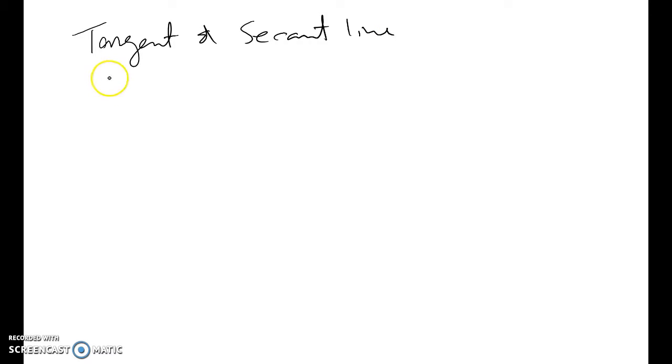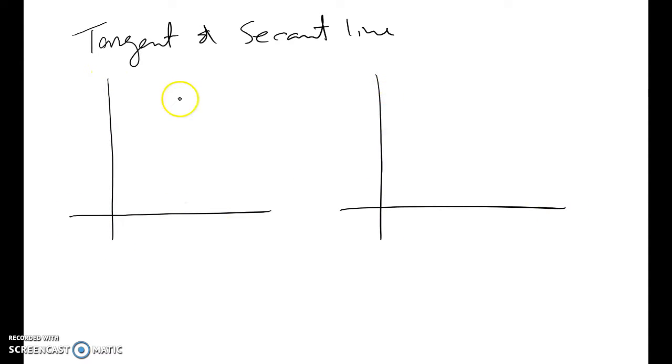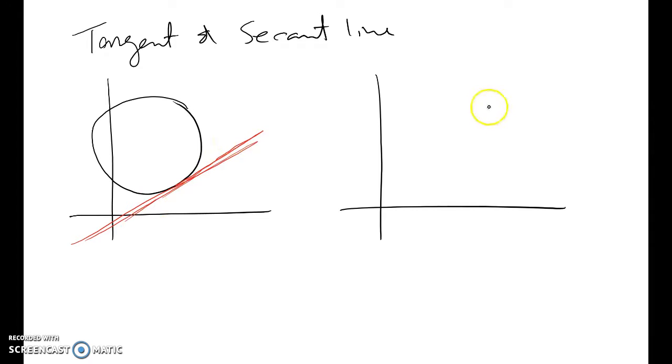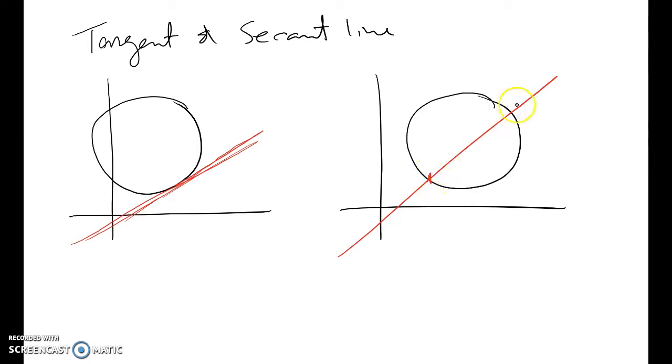Yes, in the tangent line case, for any object here, the line only passes through exactly one point. So that's a tangent line. But in the secant line case, the line passes through more than one point, so normally it's like two points here.